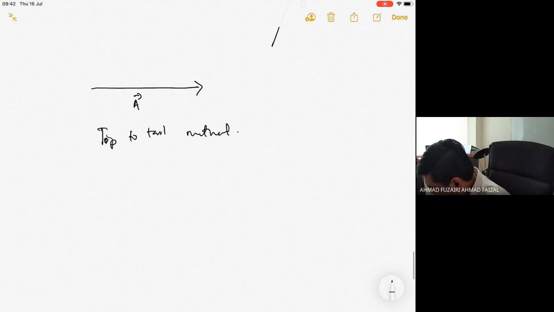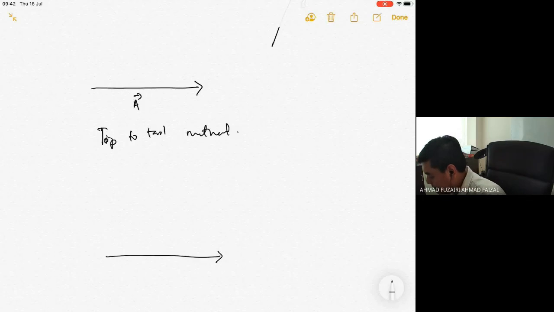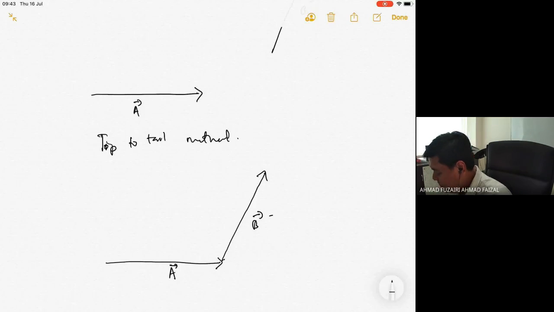First you draw A, with the correct magnitude and of course the correct direction. Then at the end of vector A, which is here, you put vector B, with the correct magnitude. So this is vector A and this is vector B.